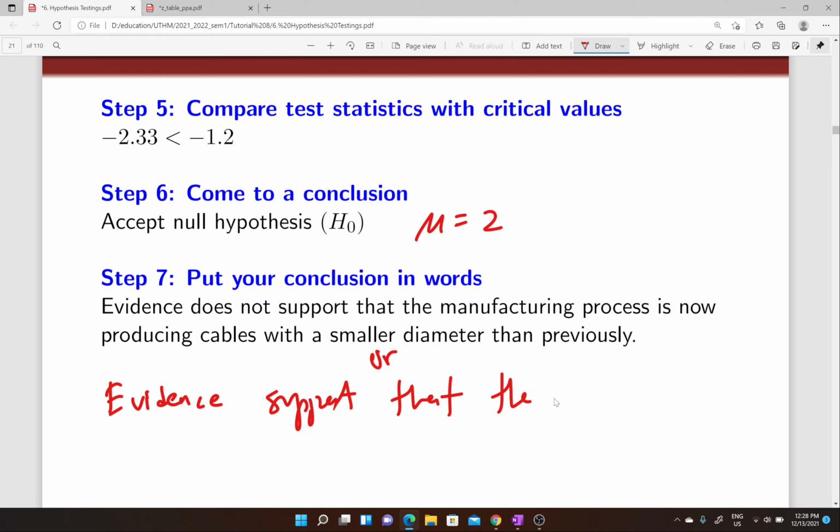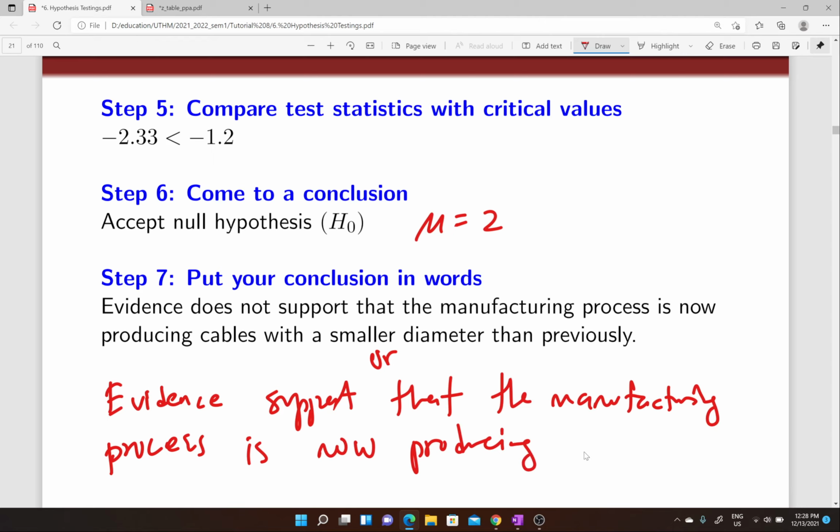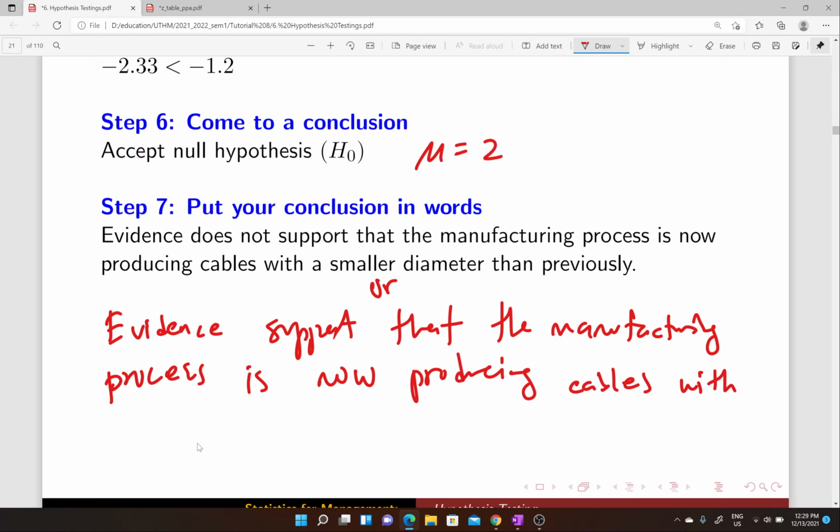This I can also accept, but I prefer to write like this to answer the question.